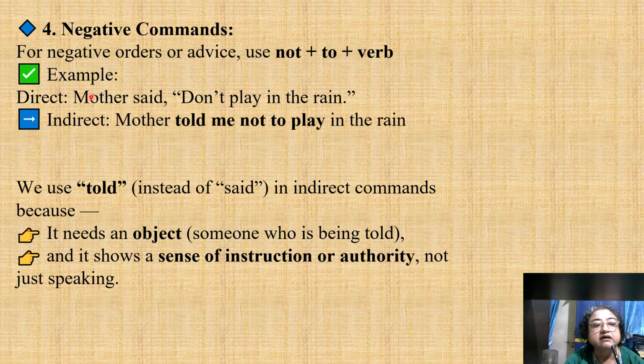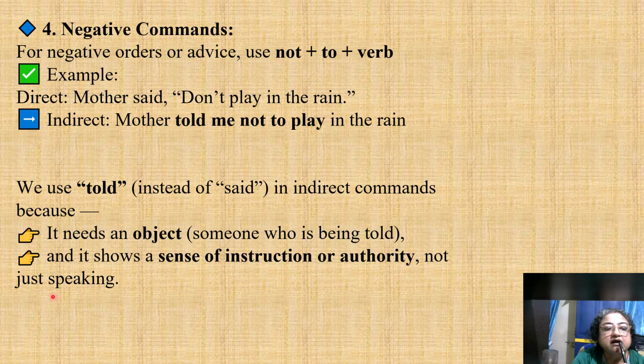So here, in this direct speech, me is said to whom? You need one object here. In the direct speech you say, mother told me, here "to me" is understood, it is silent. But in the indirect you have to write, mother told me not to play in the rain.